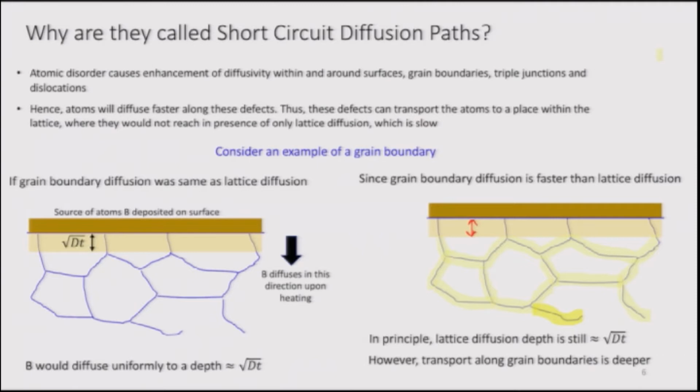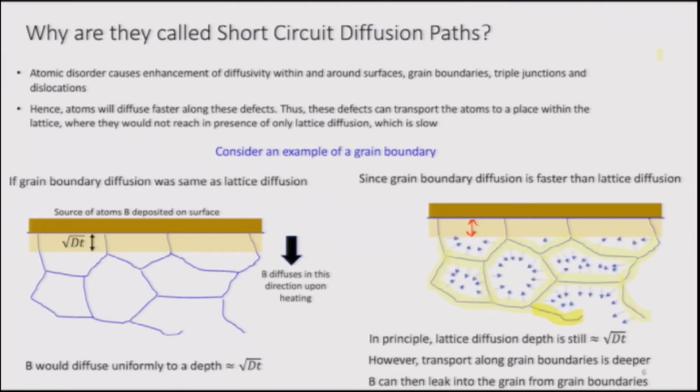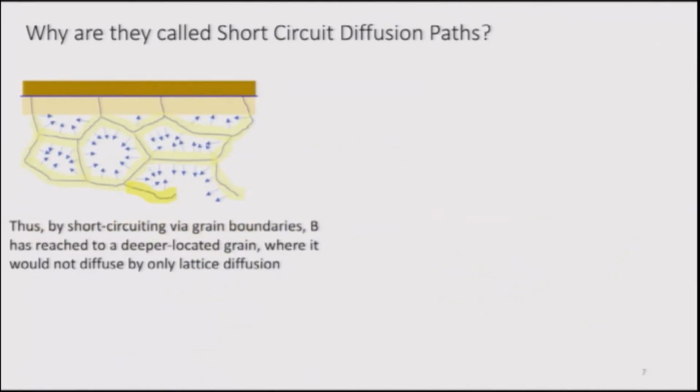Not only that, but from this grain boundary the solute will now leak into the lattice grains, and thus we can see, because of the fast diffusivity along the grain boundaries, the solute has reached a point inside the lattice, for example the one I have shown here, to which the diffusion would not reach in the absence of these grain boundaries.